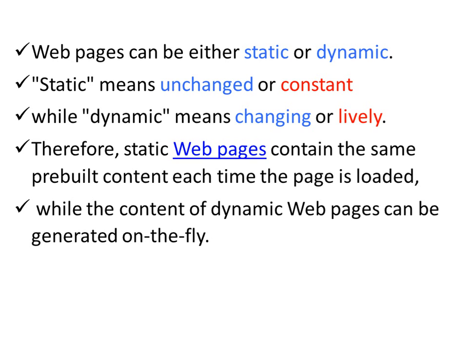Therefore, static web pages contain the same pre-built content each time the page is loaded, and the content of dynamic web pages can be generated on the fly. Static means unchanged pages, and dynamic means changed pages. This is the main difference between static and dynamic web pages.